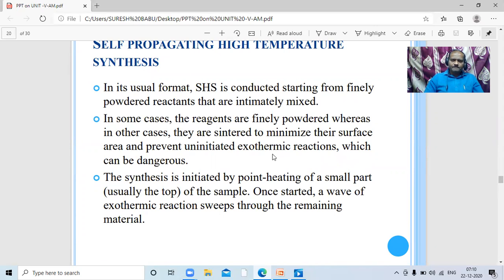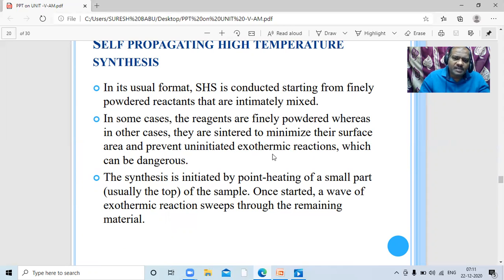is conducted starting from finely powdered reactants that are intimately mixed. So titanium powder is used very minutely, and at the same time lamp black is also used. Next, in some cases reactants are finely powdered, whereas in other cases they are sintered to minimize their surface area and prevent uninitiated exothermic reactions, which can be dangerous.